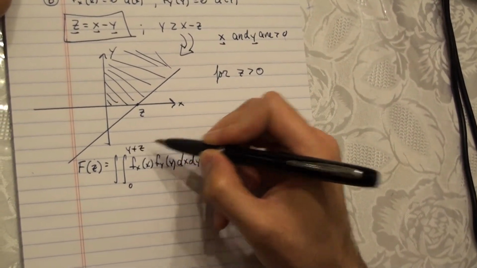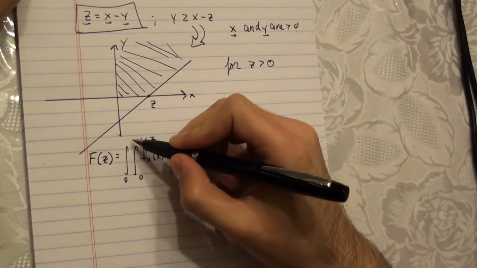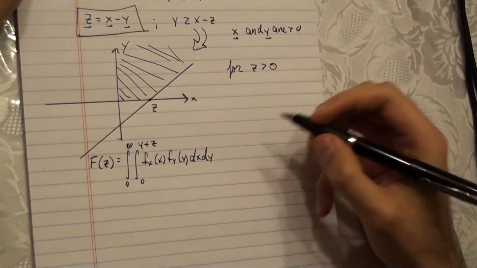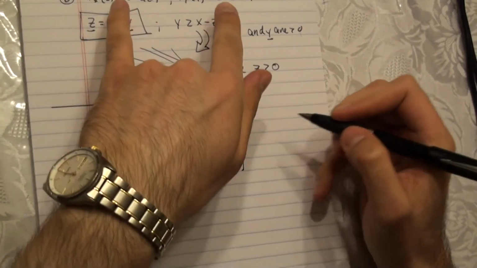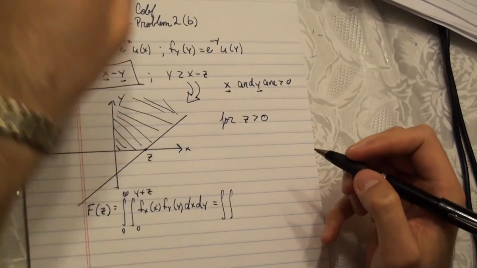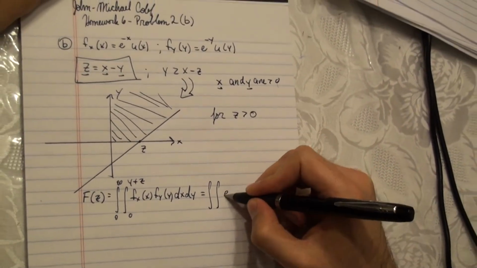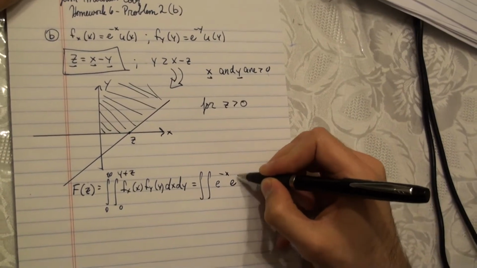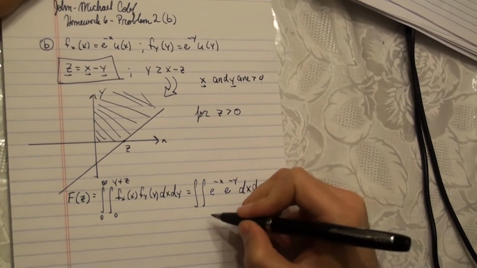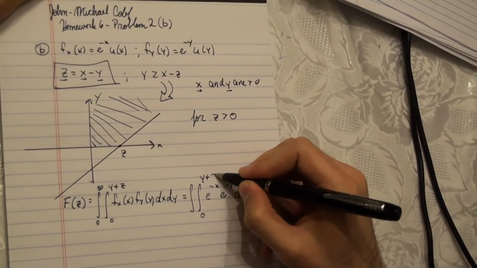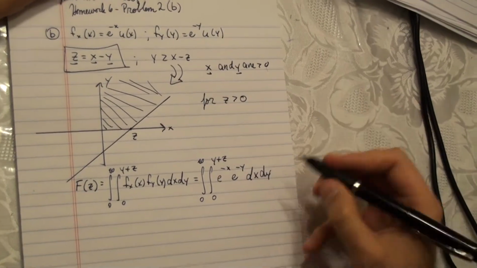And then dy goes from 0 to infinity. Okay. So it's going to be the integral of, I just wrote these here again just to remind what little f of x and little f of y were. So we have minus x e to the minus y, dx dy, from 0 to y plus z, 0 to infinity.